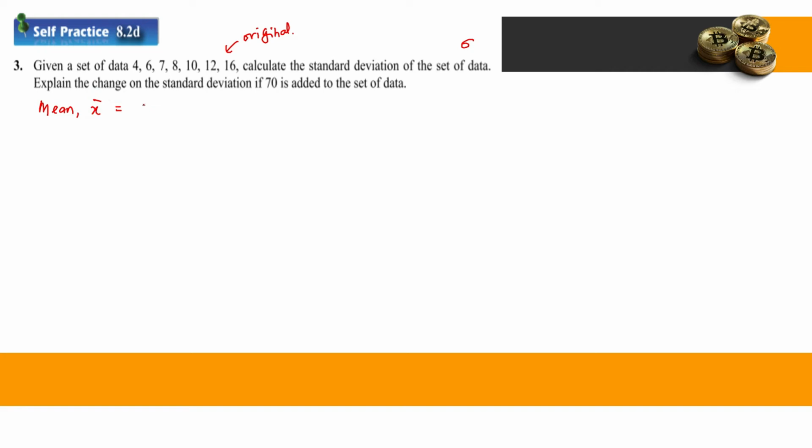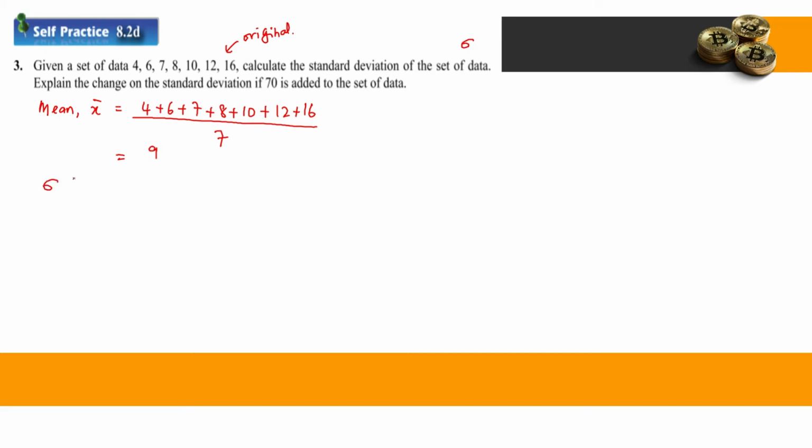So the mean is 4 plus 6 plus 7 plus 8 plus 10 plus 12 plus 16, divided by 7. Okay, now the mean is 9.